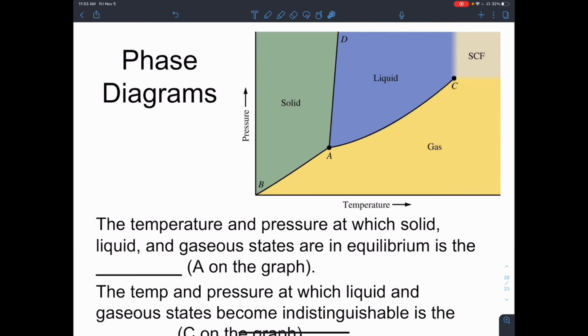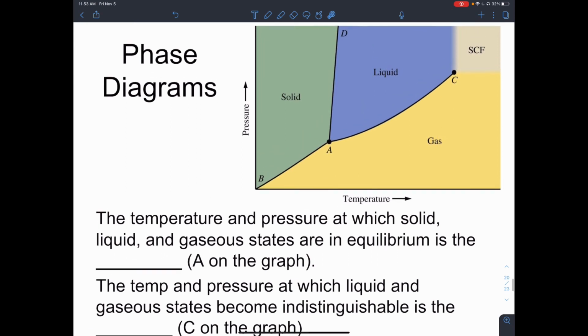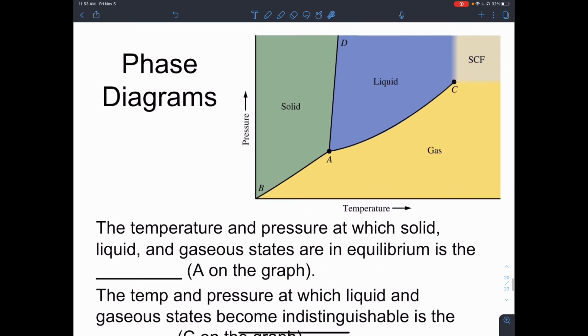So what we're going to have to do is essentially read these phase diagrams. Pretty fun. They have temperature on the bottom, pressure on the side. They show the three phases of a substance: solid, liquid, and gas. And the temperature and pressure at which solid, liquid, and gas states are in equilibrium is blank. All three are in equilibrium at spot A. This is called the triple point.